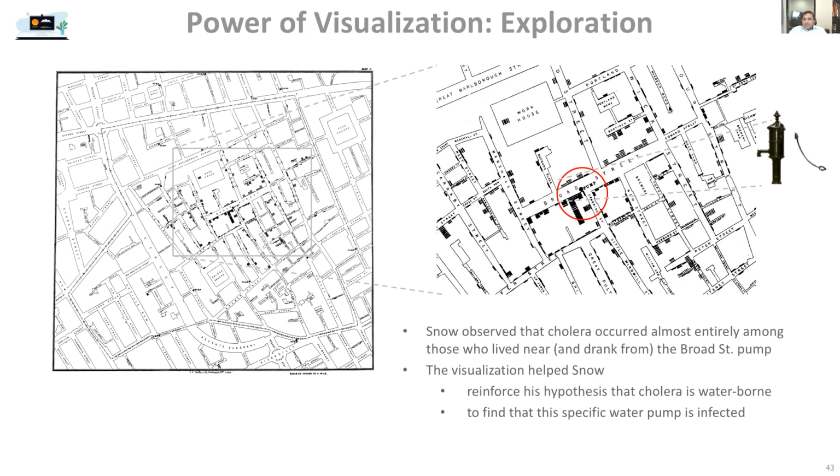So this visualization helped Dr. Snow reinforce his hypothesis that cholera is waterborne and to find that this specific water pump was infected. He also used statistics to illustrate the connection between the quality of water source and the number of cholera cases.